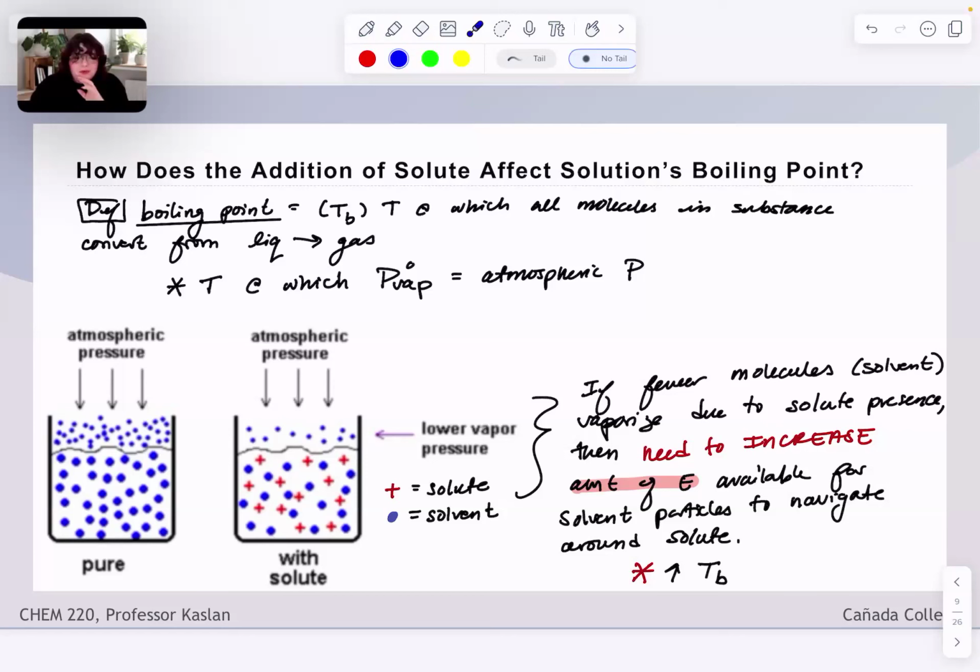If we are lowering the vapor pressure, then in order to raise it, we have to heat our solution up. In order to raise the vapor pressure until it is equal to atmospheric pressure, that is going to require a higher input of energy. So same idea.